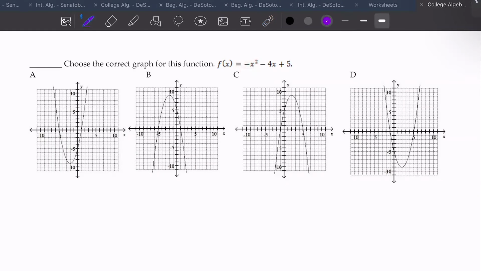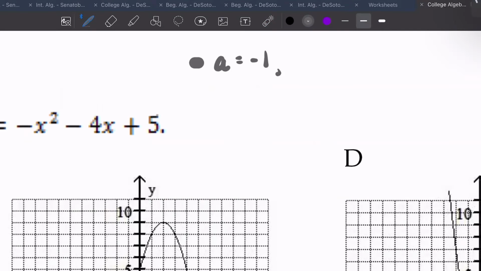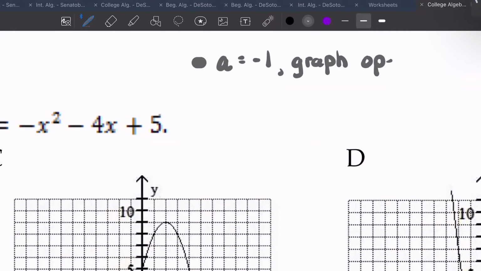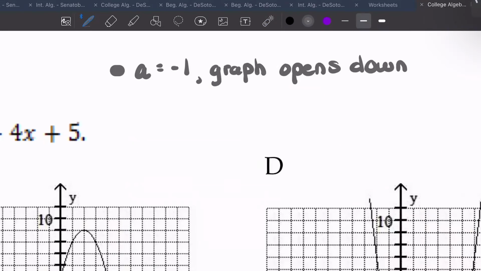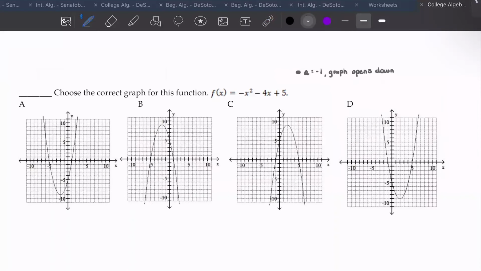Okay, so make yourself a little note. A equals -1. So graph opens down. Okay, in our options, we have 2 that open up. So those are not it.